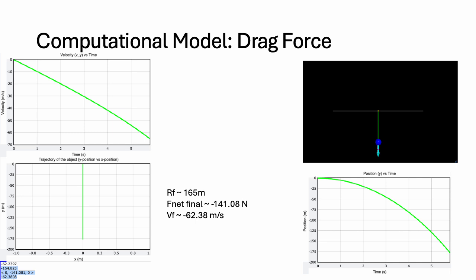When it was around 165 meters, the height of the dam, I found the F net final to be around 141 newtons and the final velocity at that position to be 62.38 meters per second, which accounts for gravity and drag over that time frame.